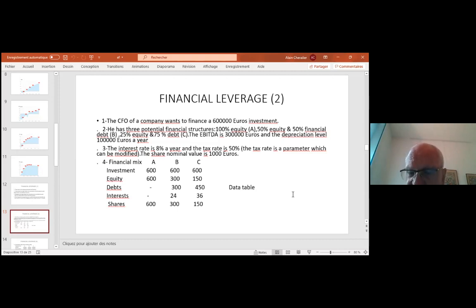This is what we call the separation theorem. The separation theorem is one of the most important theorems in modern finance.